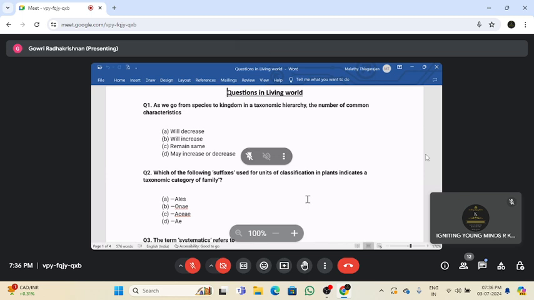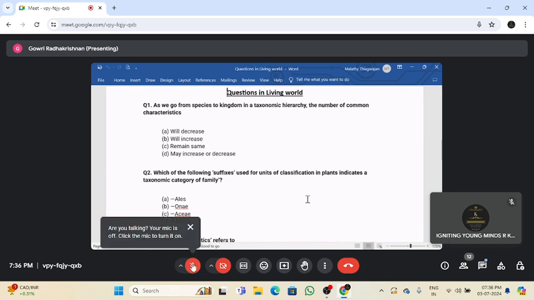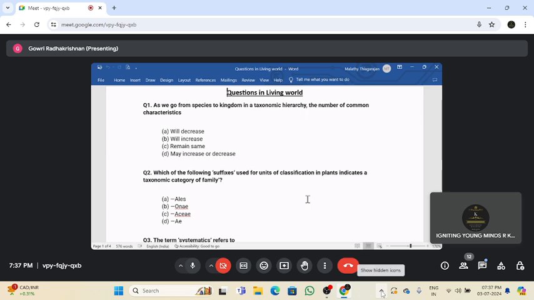But I won't be able to see the emojis when I share. Then you have to give the answer through mic only. See, children, when I am sharing the document, I won't be able to see the chat box or emojis or anything. I'll be looking at only the Word document. So, please unmute your mic and then tell whatever you want to tell.